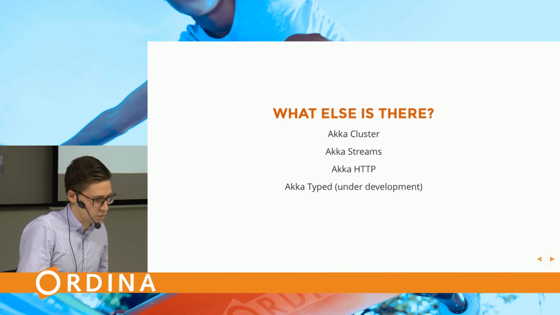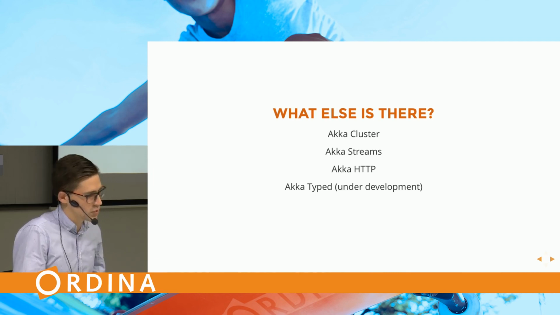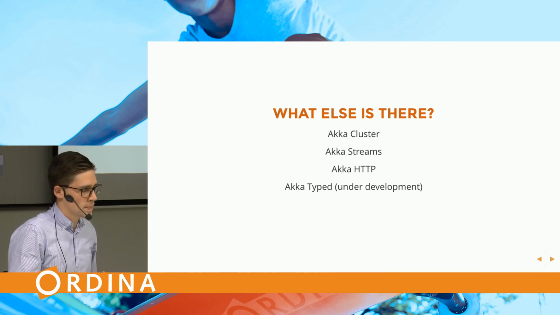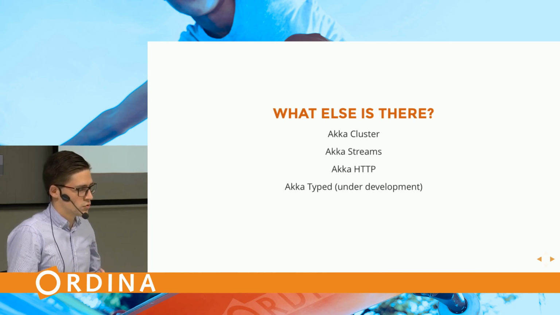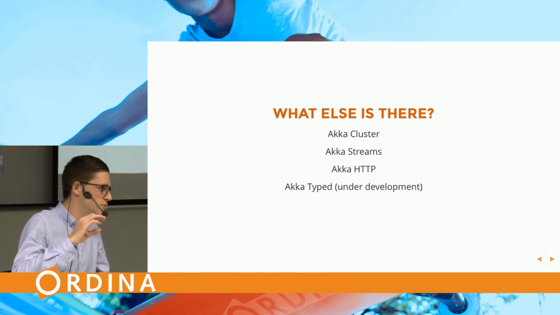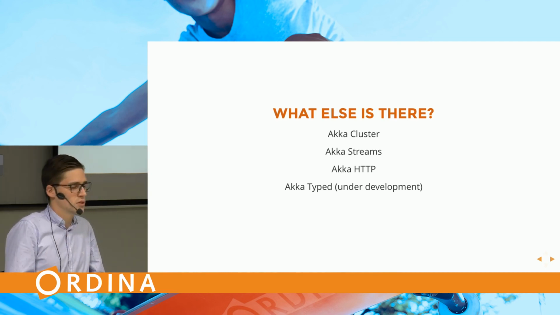And in the Akka typed project, we want to add type safety to actors. So with type safety, we mean that when defining the protocol that the actors support, for example, it needs to support 4 different kinds of messages, we want our compiler to inform us when the actor doesn't fulfill the protocol.